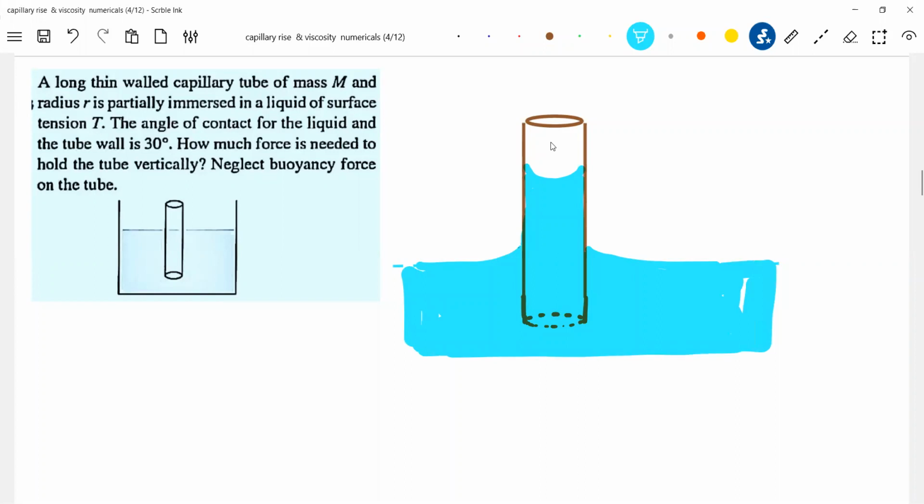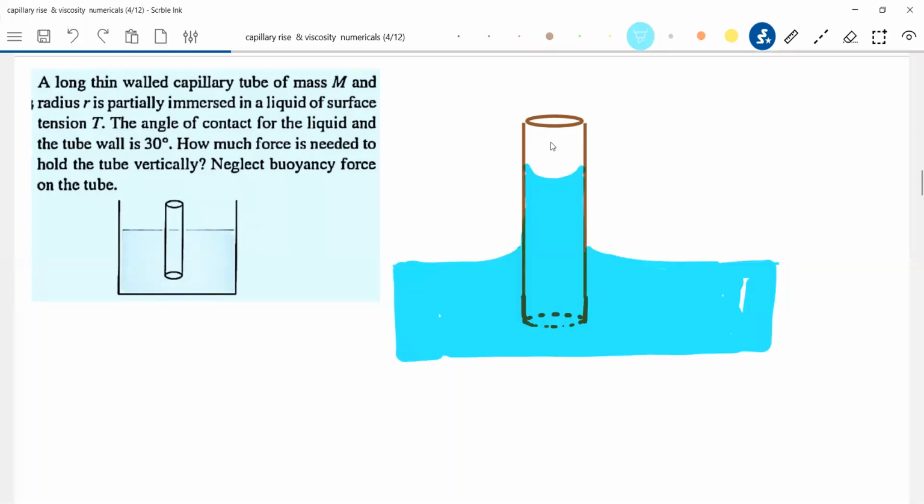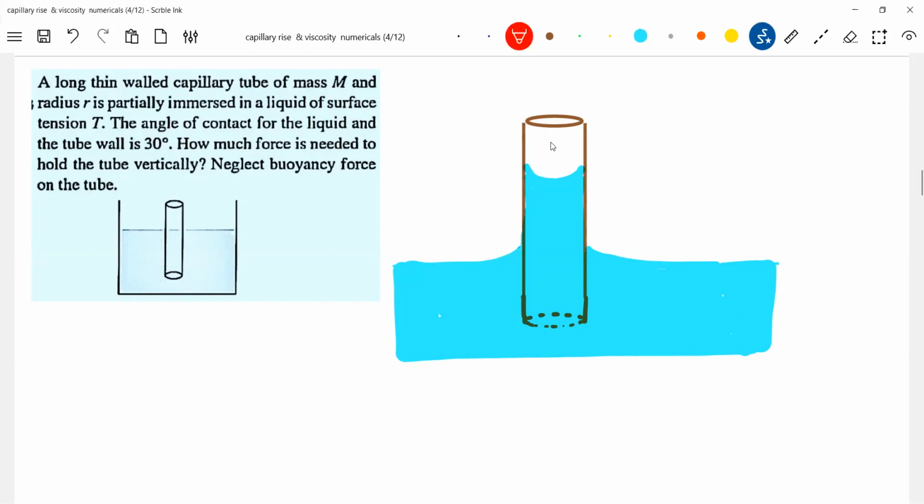Okay, there's a container. Now, what are the forces here? The force due to surface tension should balance here. F dash, I'll write only F dash. And this is theta, the angle of contact.